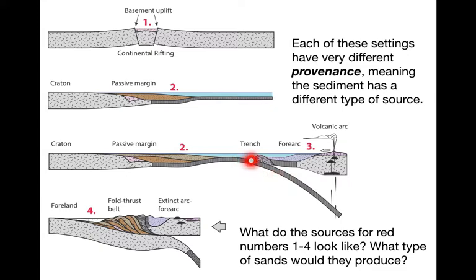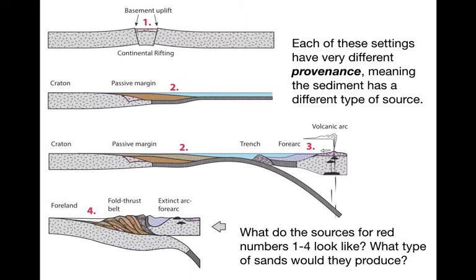Now we've got a trench, an accretionary prism, a forearc basin, and a volcanic arc sitting above that subduction zone. And finally, if we continue to close this ocean basin, the arc, forearc, trench, and accretionary prism are going to collide with that passive margin and take this whole series of rock and basically pile it up and fold it into a fold thrust belt.